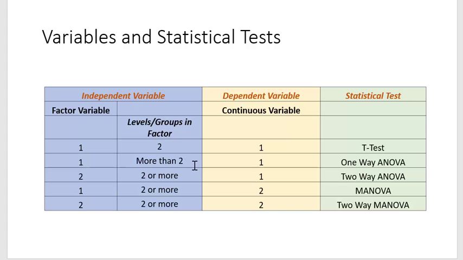Okay, so if you can just go through it. If the factor variable has two labels or groups, and there is one dependent continuous variable, it would be a t-test. Now you can see further what kind of tests are required and would be applicable based on this information in the slide.